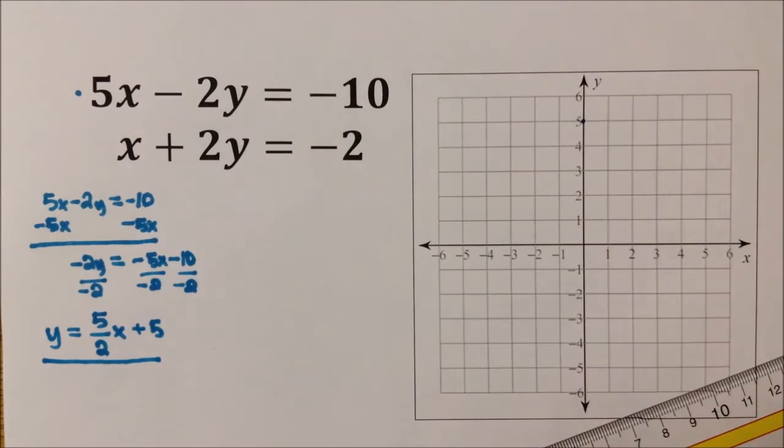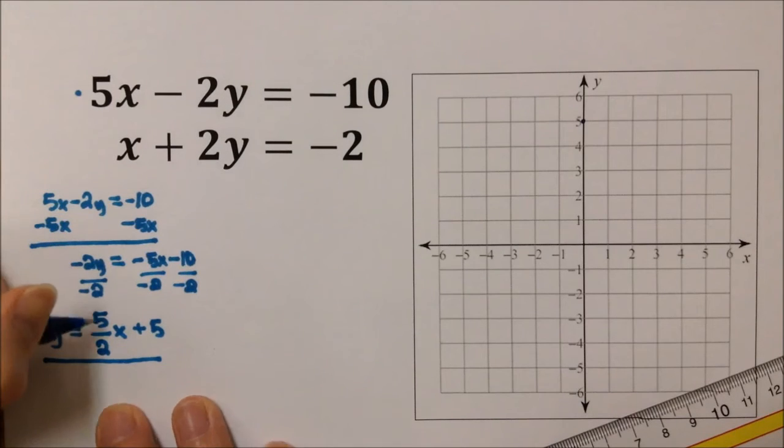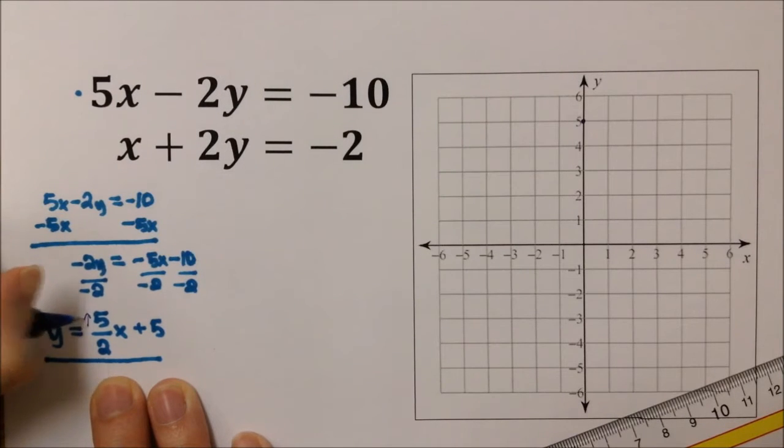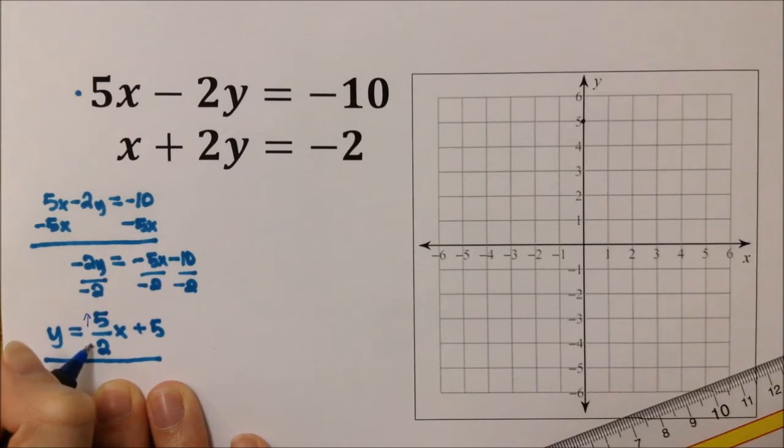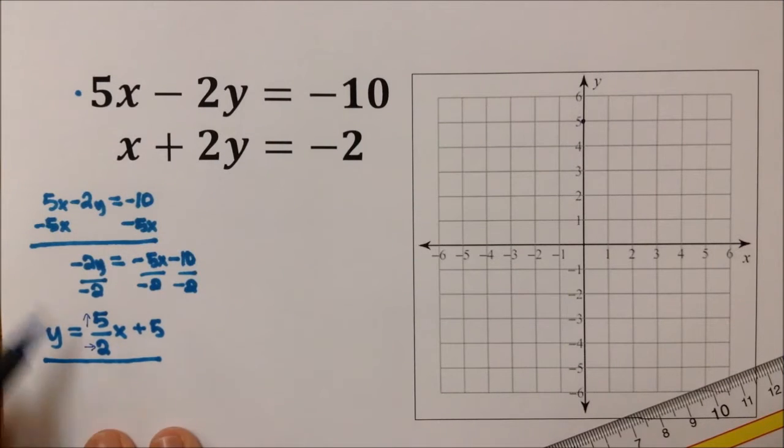So what I'm going to do is the opposite. So I'm going to rewrite the slope here: 5 over 2. So instead of up 5, I'm going to do down 5, and then instead of right 2, I'm going to do left 2.